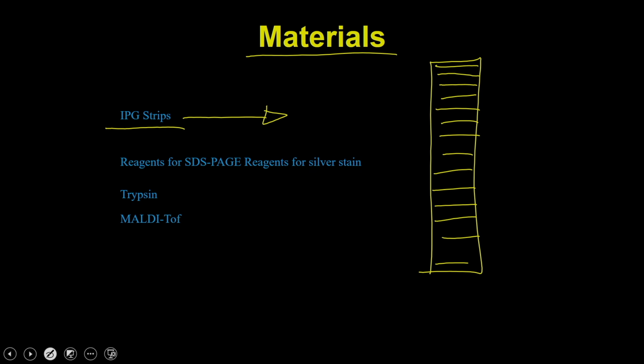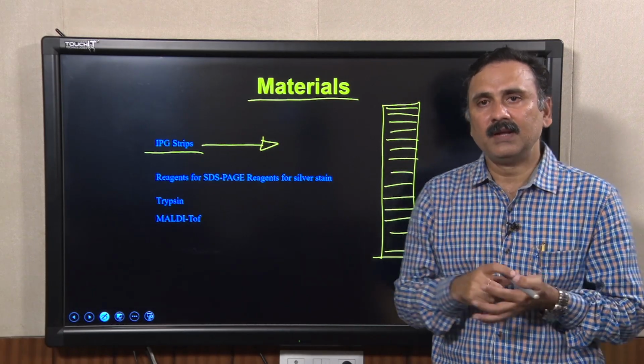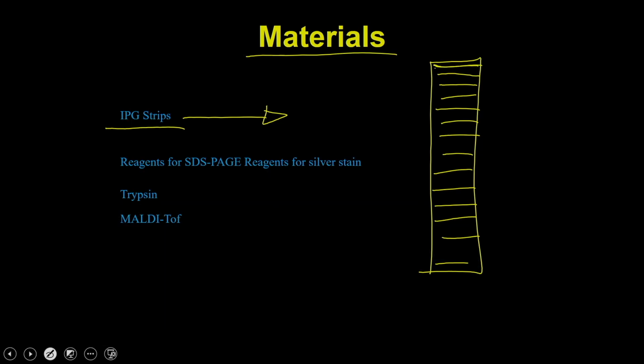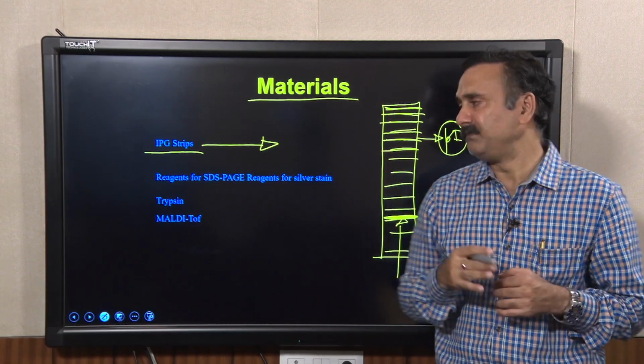The strips are coated with these molecules, so each region corresponds to a particular pI. When the proteins run and reach their isoelectric point, they get immobilized in that region, and because of that they get separated based on their isoelectric point.